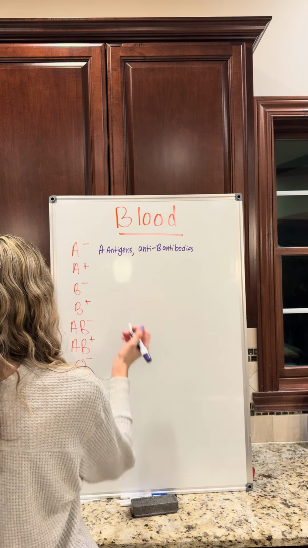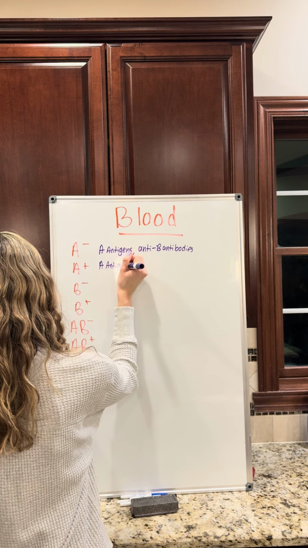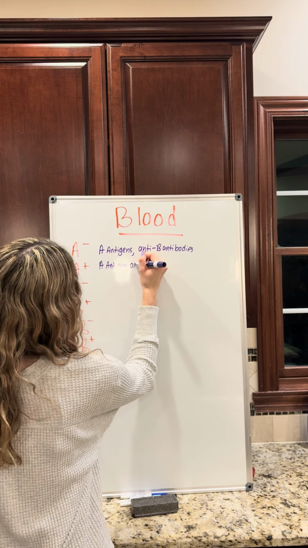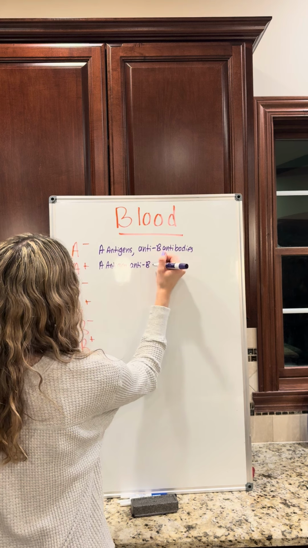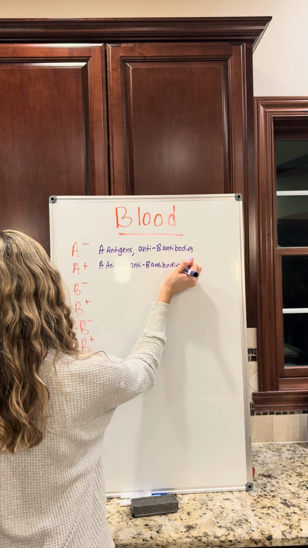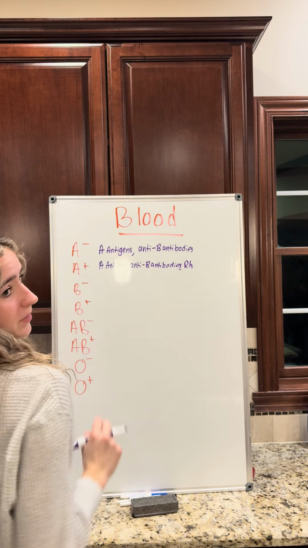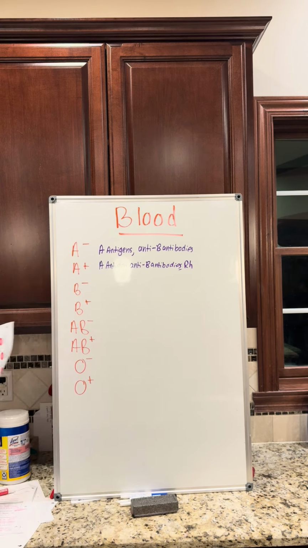For A positive, you have the A antigen, anti-B antibodies. You have the RH in this one because it's positive. So the positive means you either do or you don't have the RH.